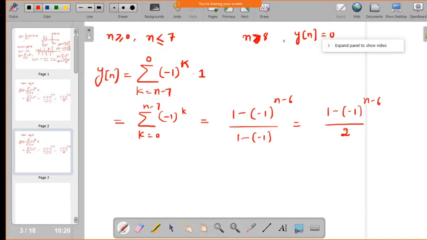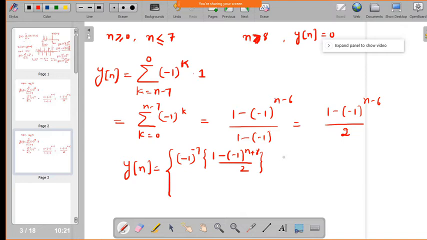Okay, so now we can summarize what y of n is. Y of n is equal to, whenever your n is between minus 7 and 0, you will get minus 1 power minus 7 into 1 minus of minus 1 power n plus 8 divided by 2.